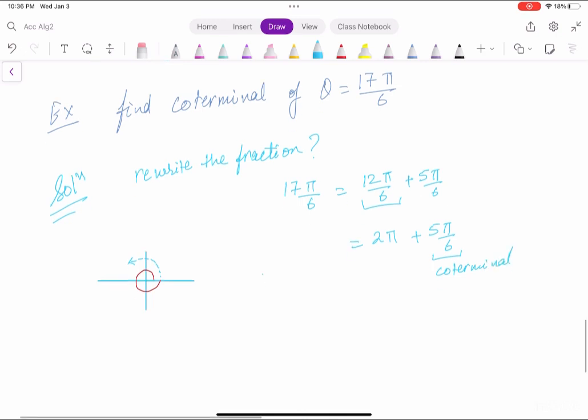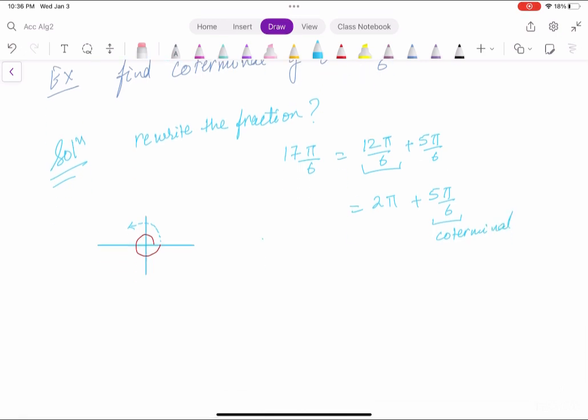That is 5 pi over 6. The other way to approach is, if I subtract 2 pi from 17 pi over 6, that will also give you 5 pi over 6, just using simple fractions.